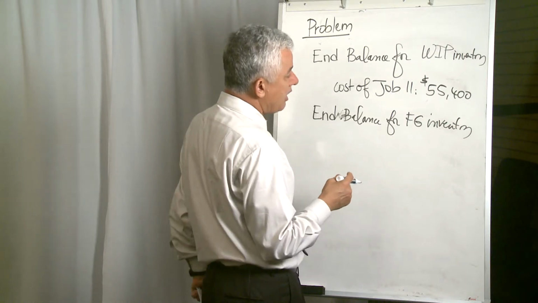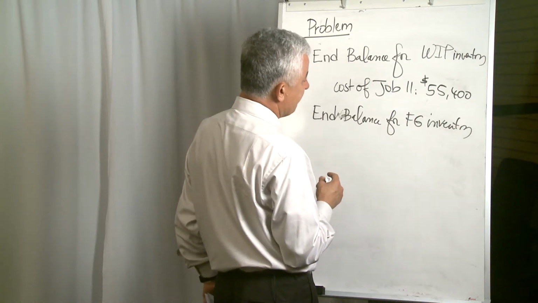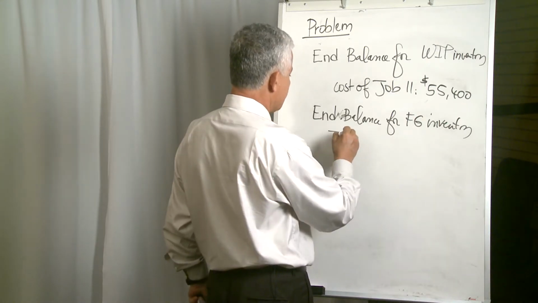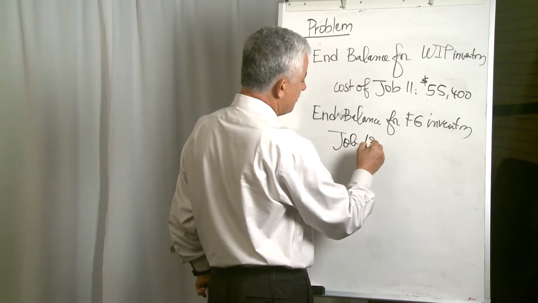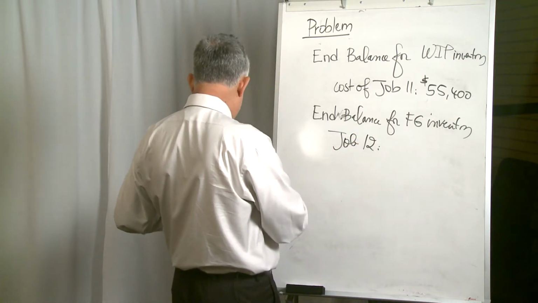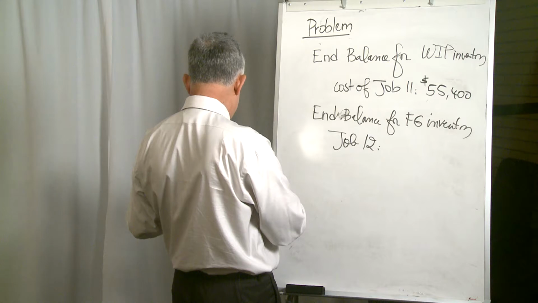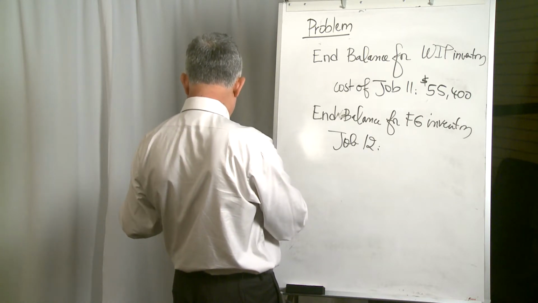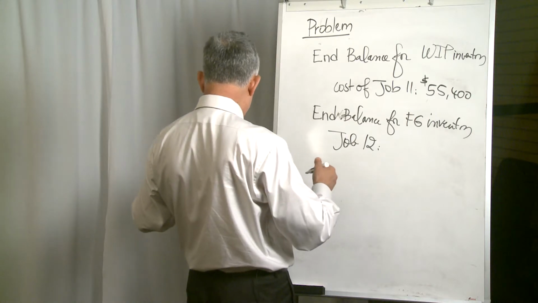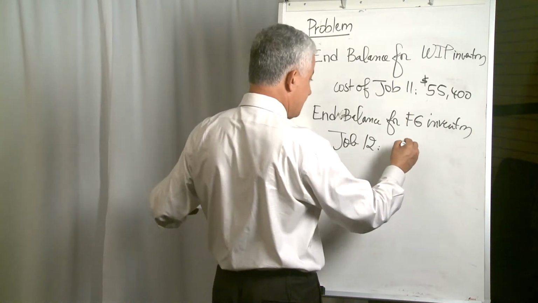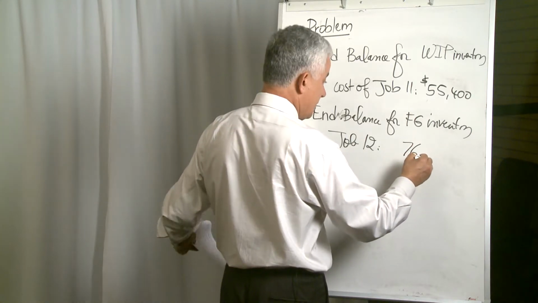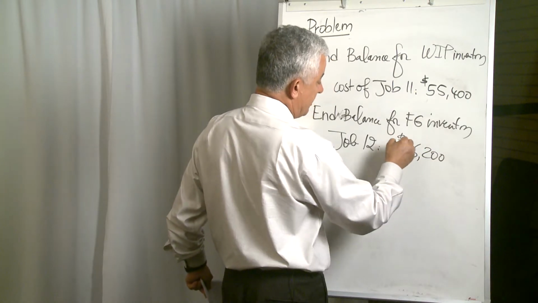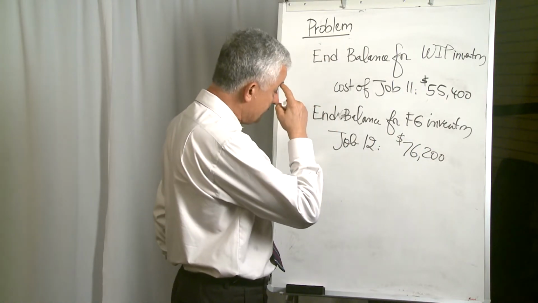Then the only job left in the finished goods inventory awaiting sale is job 12. And the cost for job 12 is 76,200.